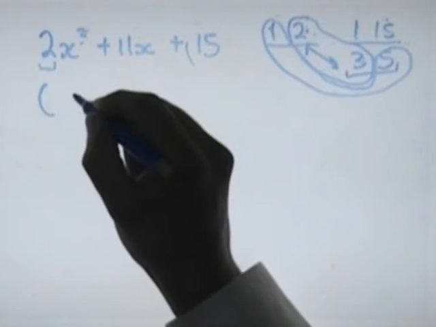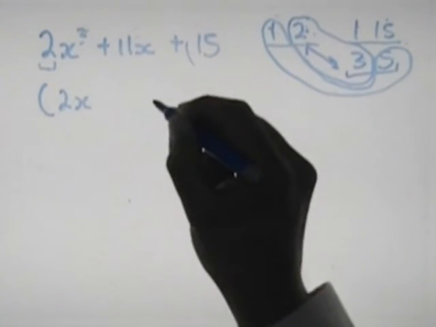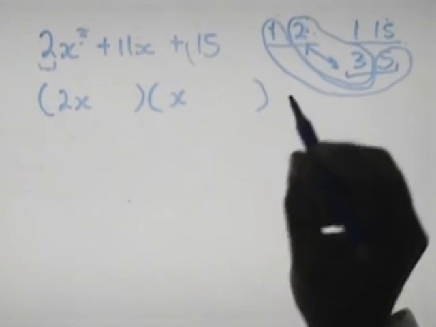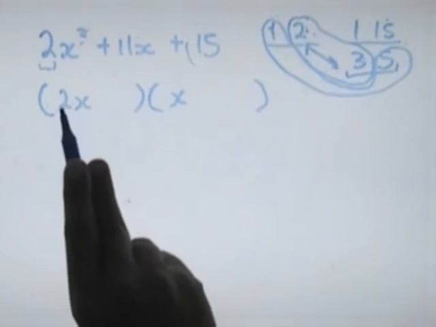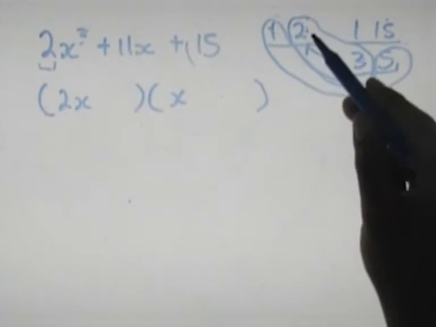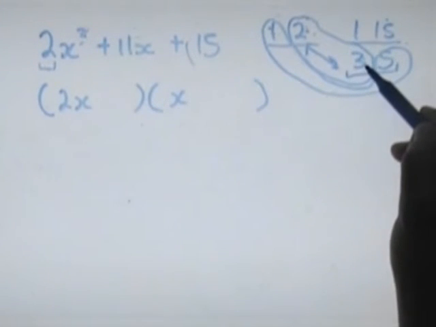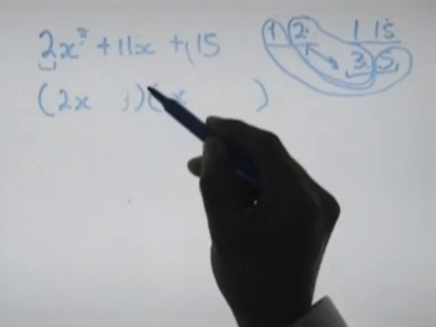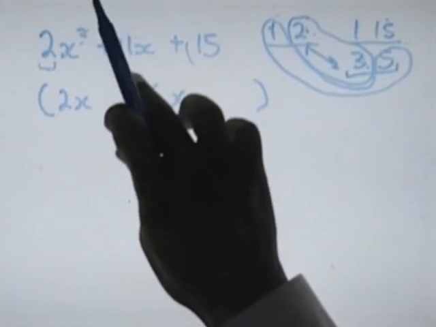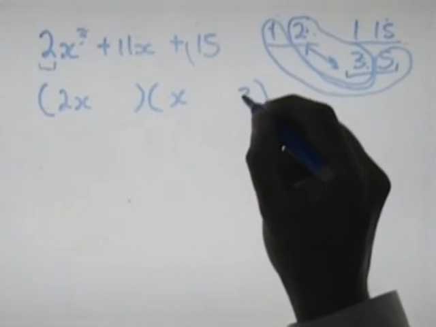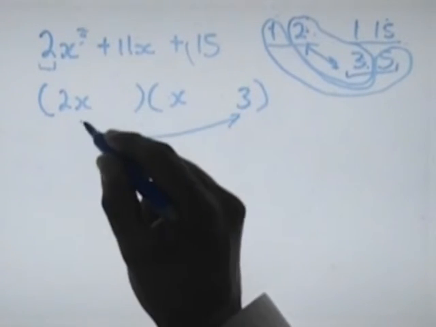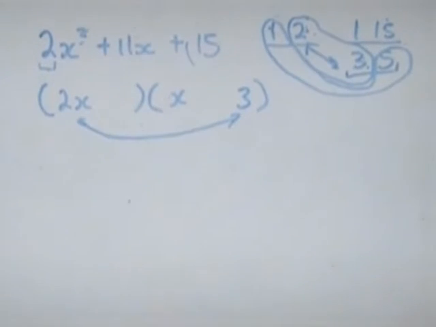When we write out our factors, one bracket is going to have a 2x, the other bracket just an x, the 2 and the 1. The 2 has to be combined with the 3. If I put the 3 here, the 3 is combined with the 1, so that's not going to work. If I put the 3 here, it will be combined when I multiply it out by the 2.